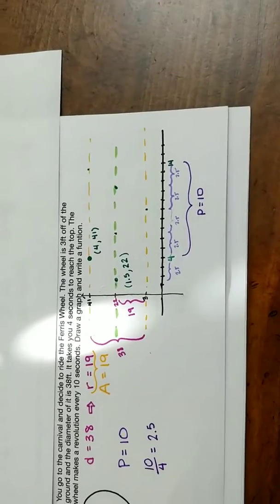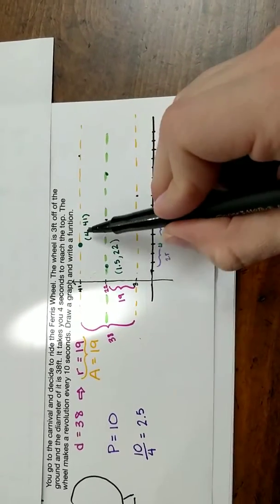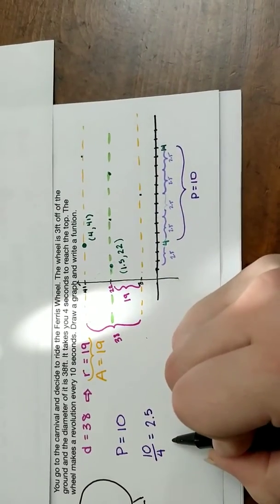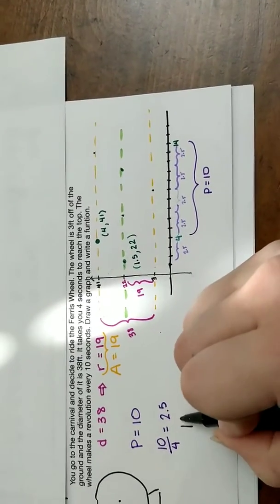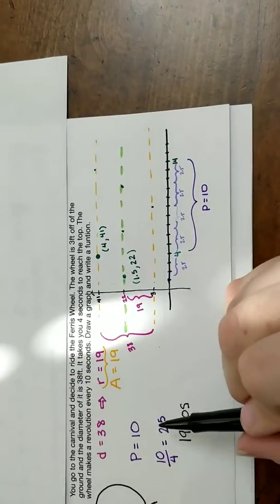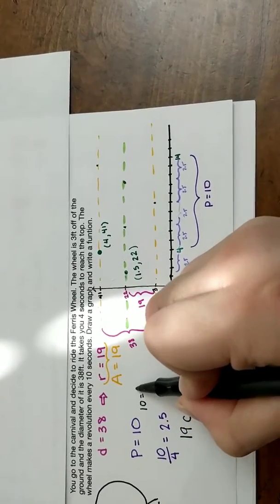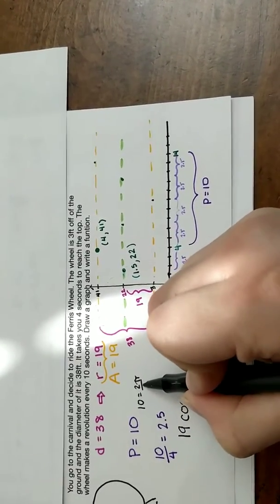And then from here, you write your equation. So if you're doing cosine, I'm going to use this number. So it would be 19 cosine. My period is 10. So 10 equals 2 pi over b.